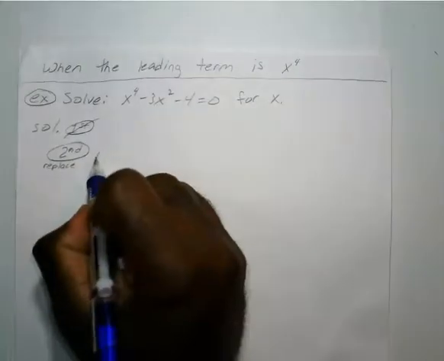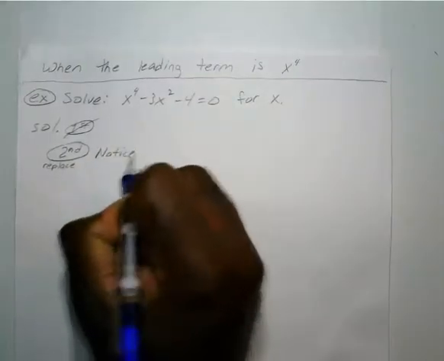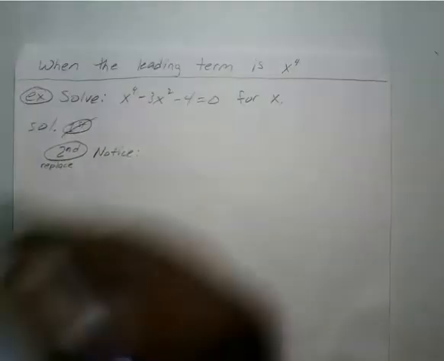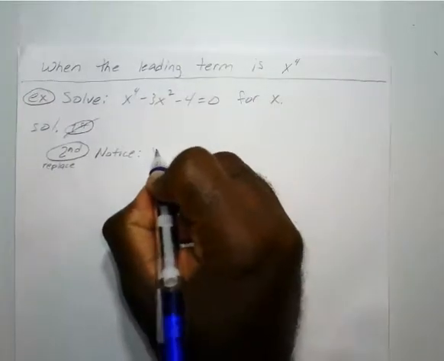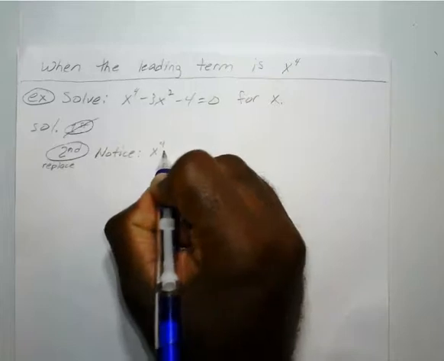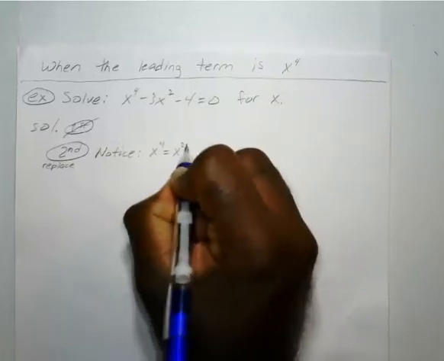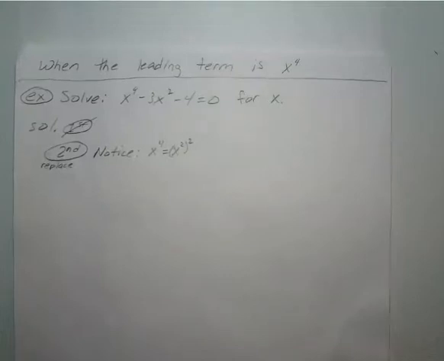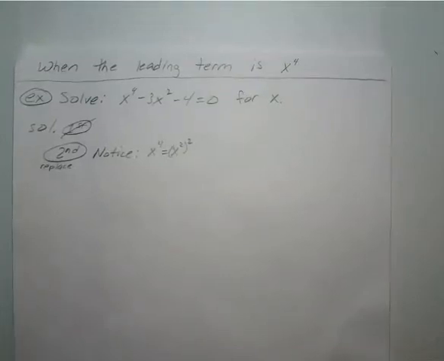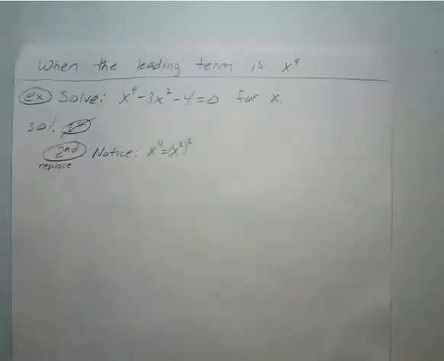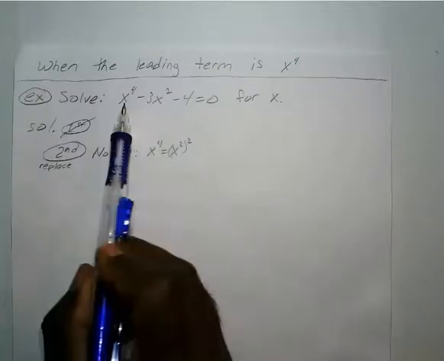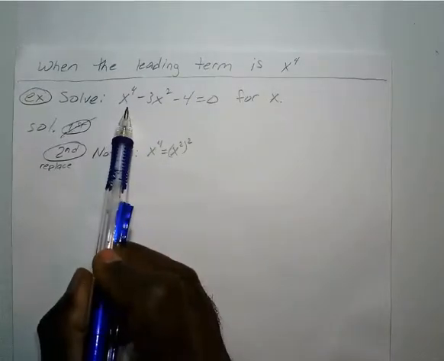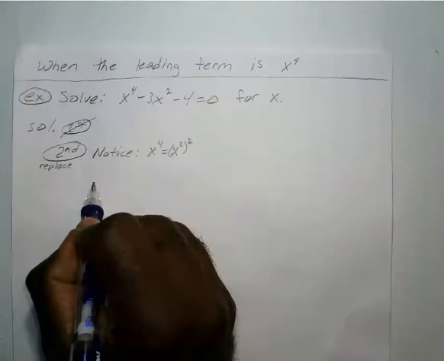To do that, the one thing we want to notice is that x to the 4th power is equal to x squared, squared. Since that's the case, we're going to get our original equation and rewrite it.